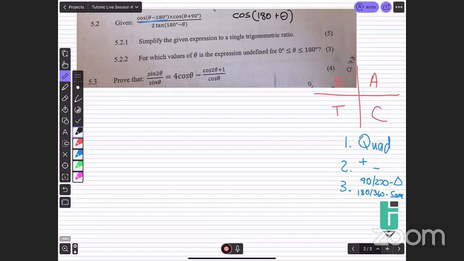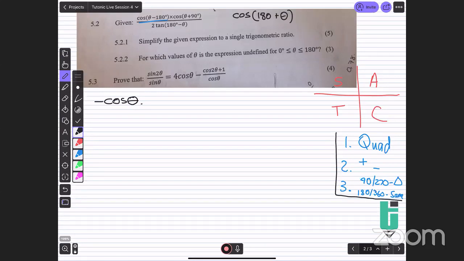And why did you not change it to sine? Because it's 180. Because it's 180, right? So okay, great. And Naima, can you do cos theta plus 90? 90 plus is in sine's quadrant. Cos is negative and it changes to sine theta.